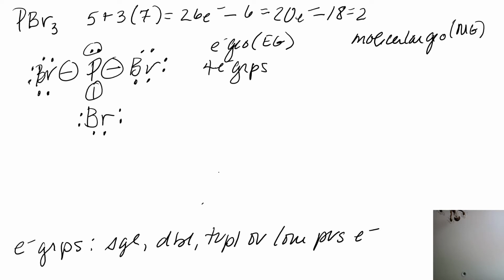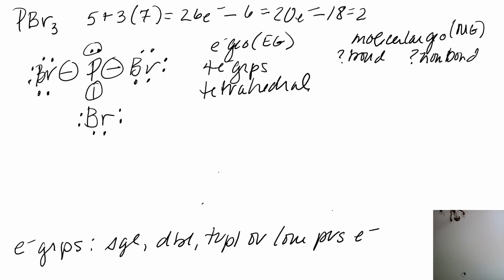I've also posted a handout in the additional handout section under Chapter 10 for you to consult when you are assigning geometries. It also covers hybridization or valence bond theory, which we'll talk about next. So when we have 4 electron groups around that central atom, our geometry is tetrahedral. Now we look at molecular geometry. When assigning molecular geometry, we need to determine how many groups are bonding groups and how many are non-bonding groups.